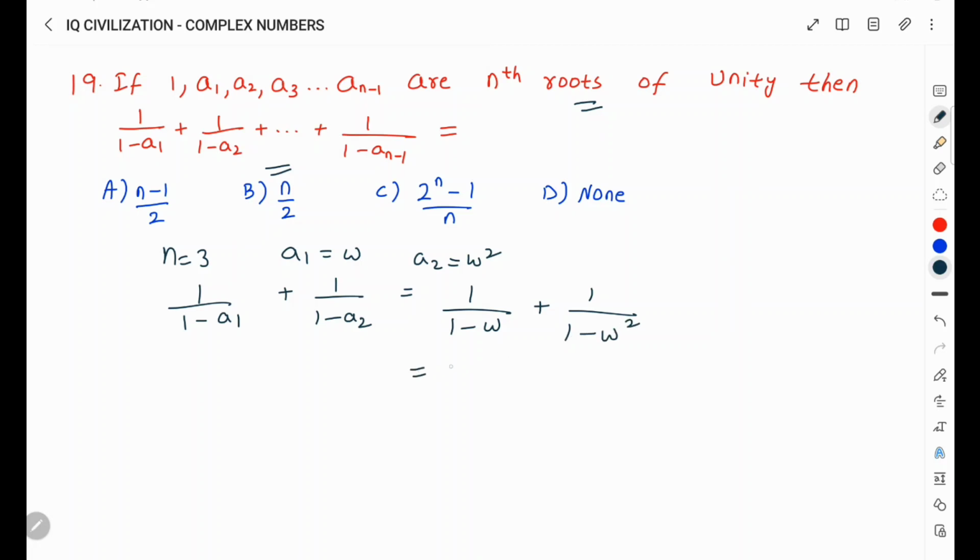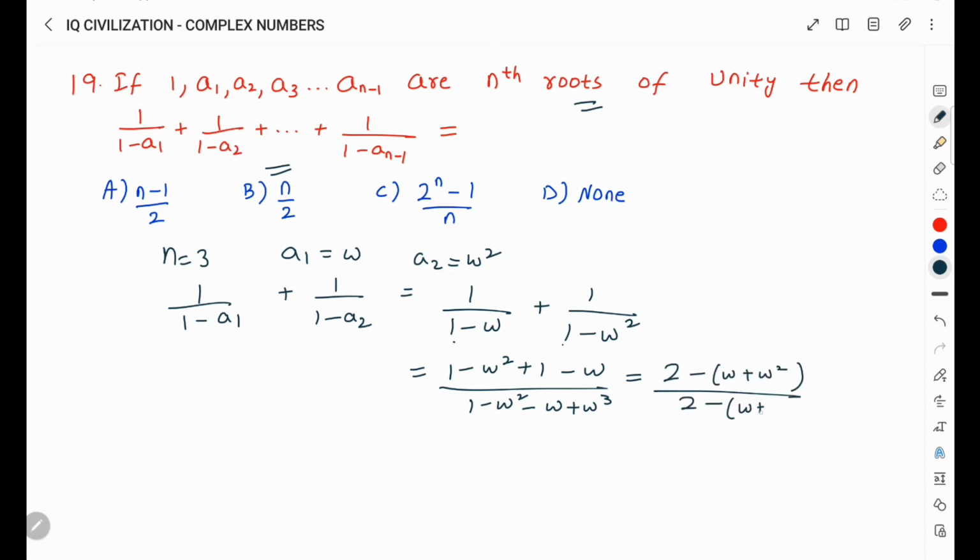So by LCM and all, (1 - omega square + 1 - omega)/((1 - omega)(1 - omega square)), which means 1 into 1, 1 into omega square, and next omega into 1 minus omega plus omega cube. Omega cube is 1, I know that. So the numerator is 2 - omega + omega square, divided by 2 - omega + omega square. This is 1. Now just put the value n equals 3 in the options and you will get the answer. Over, 3 minus 1 is 2, 2 by 2 is 1.